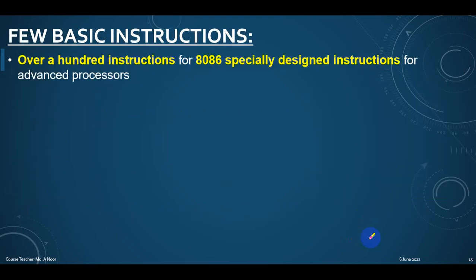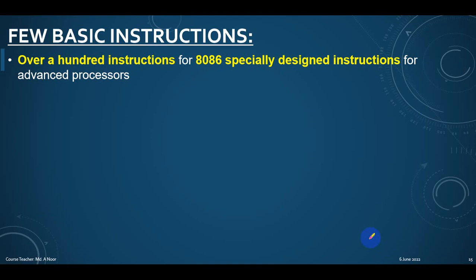A few basic instructions now. There are over 100 instructions for Intel 8086, and especially designed instructions for advanced processors. Look at over here. For Intel 8086, you will find lots of instructions. For the advanced processors, again, you can find lots more instructions.